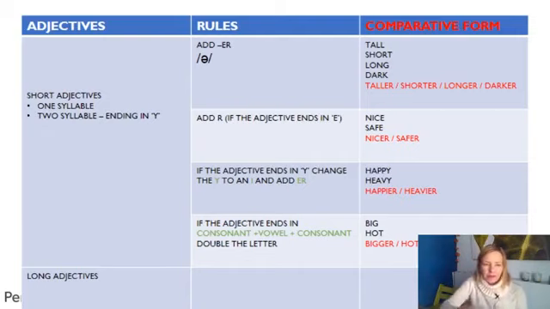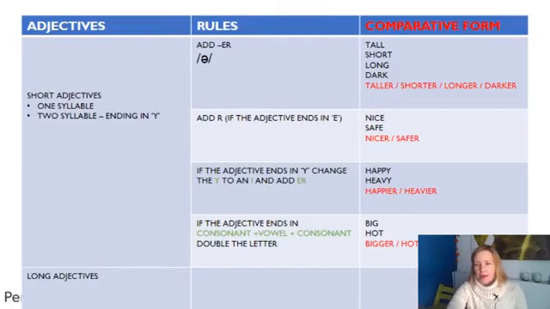Why? It's basically related to pronunciation, okay? Because to keep the vowel short, like big, hot, or to keep the sound short, we double the letter. So it's a spelling thing. It doesn't affect pronunciation, it's spelling.